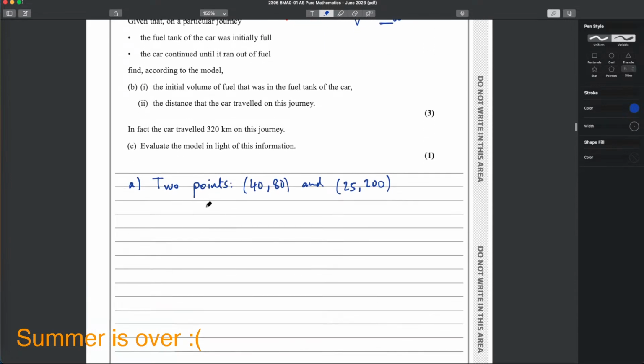You should know how to find the gradient of a line given 2 points on that line. So it's y2 take y1 over x2 take x1. In other words, you subtract the y coordinates and you subtract the x coordinates, like the rise over the run. So 200 take 80 over 25 take 40.